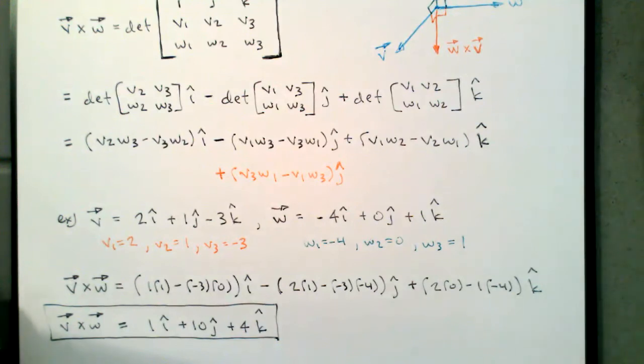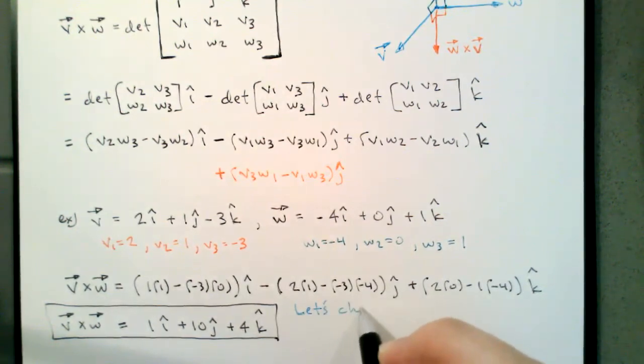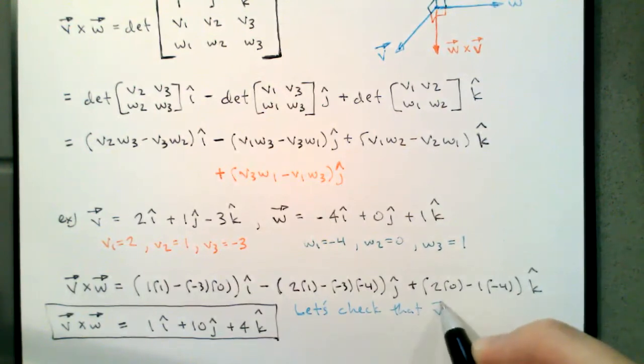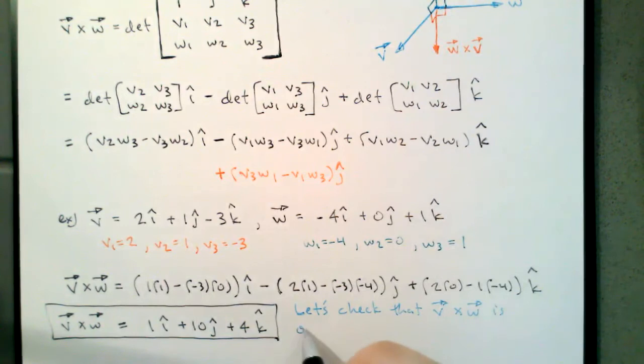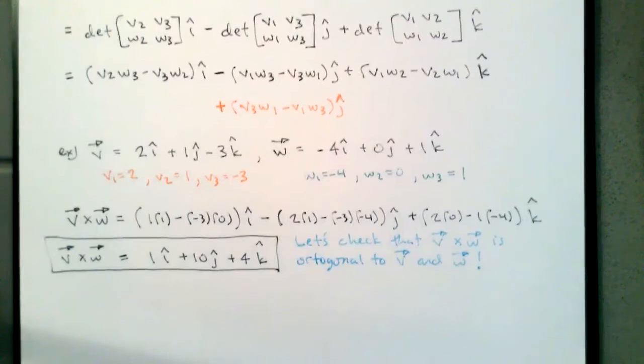Let's check that V cross W is orthogonal to V and orthogonal to W.